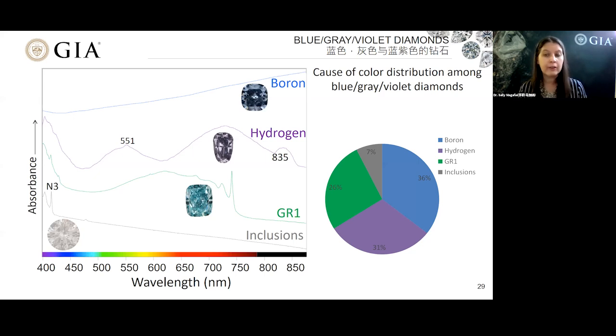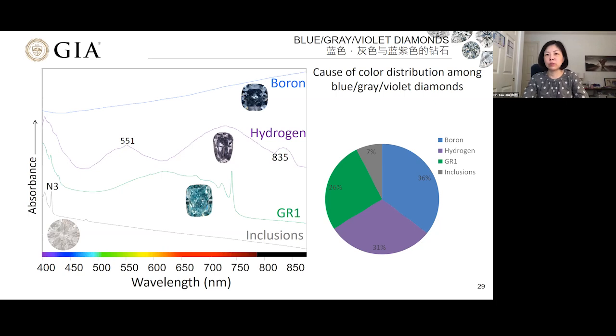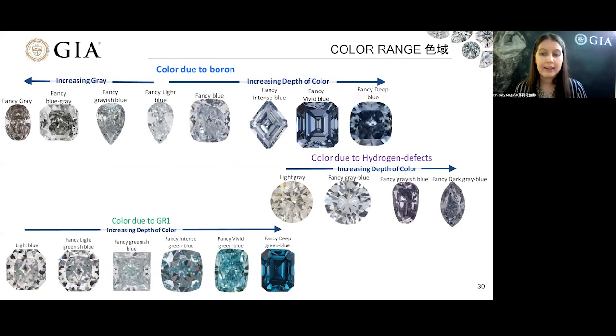We have 1/3 that are colored by hydrogen and about 1/4 colored by GR1. 右边这个大饼图是说根据我们的统计，每种成因占蓝钻里边的比例，最高的就是硼，大概占1/3，富氢的也是占1/3，这俩差不了太多。下边是由GR1制色的，大概占1/4。This slide shows the color range for 3 of those causes of color.